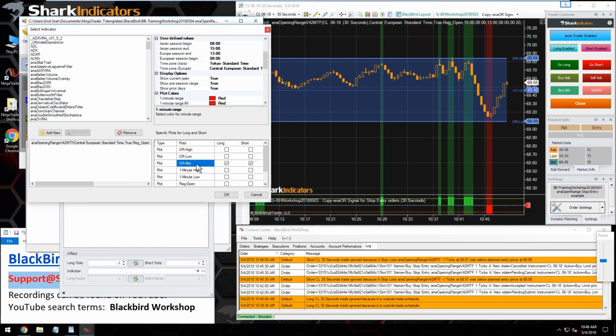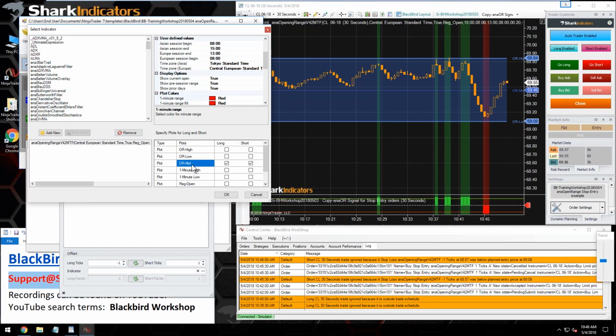Okay, so we have the opening range midline for long and short. That looks good. Oh, here we go. Look, I don't know, somehow my offset setting here has disappeared. So let's see, what is it, 519.